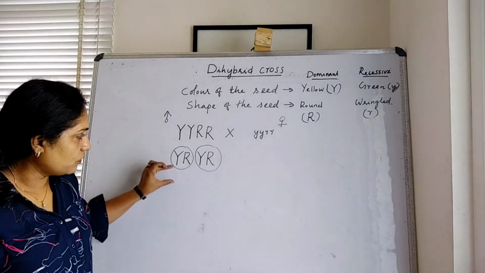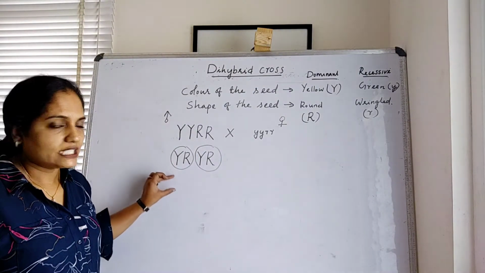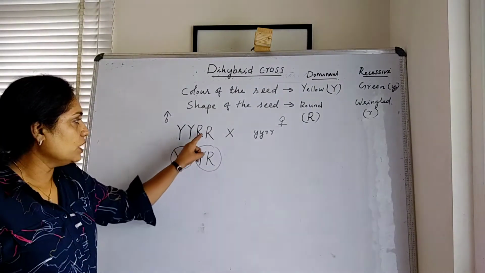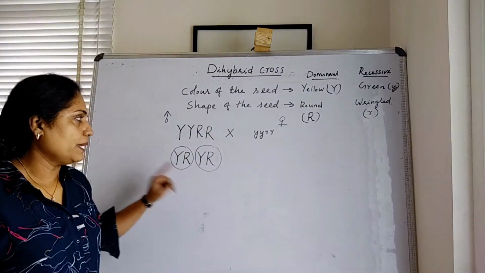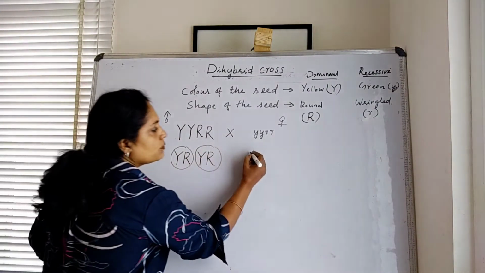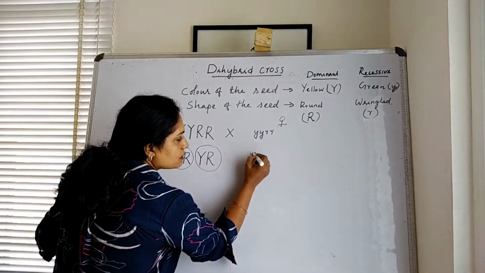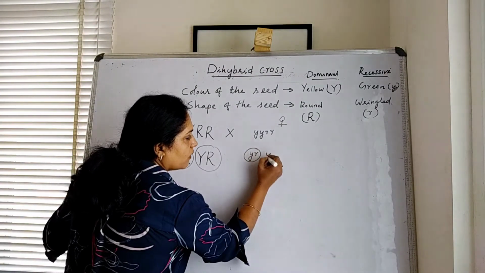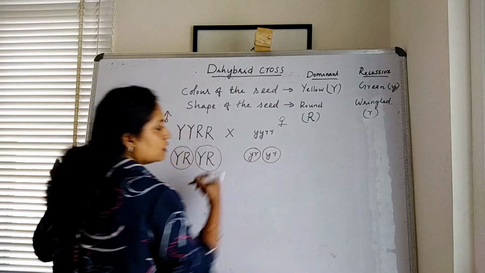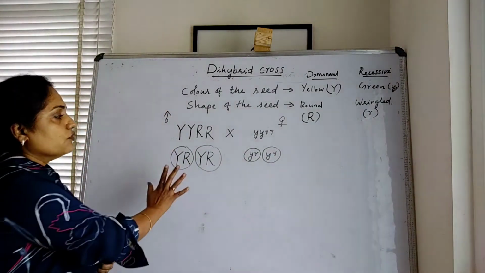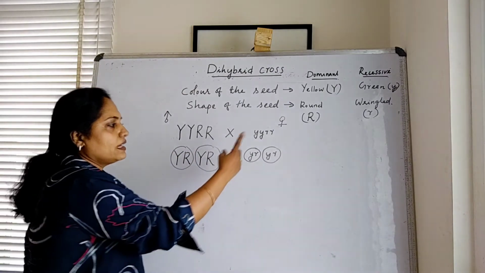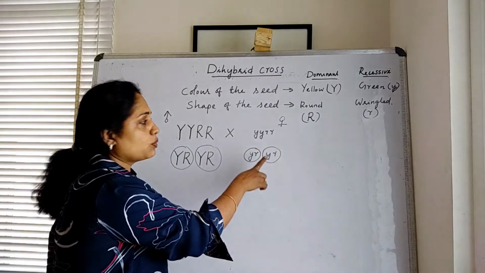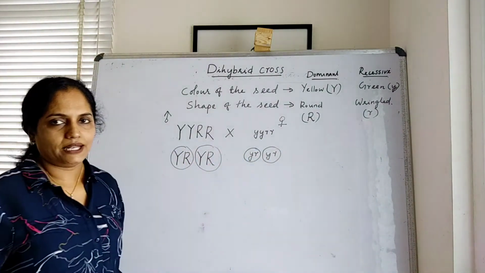So only one Y is received by this gamete and only one R is received by this same gamete. So here gametes formed are small y, small r and small y, small r. So here only one type of gamete is produced in the case of first parent and another one type of gamete is produced by the second parent.